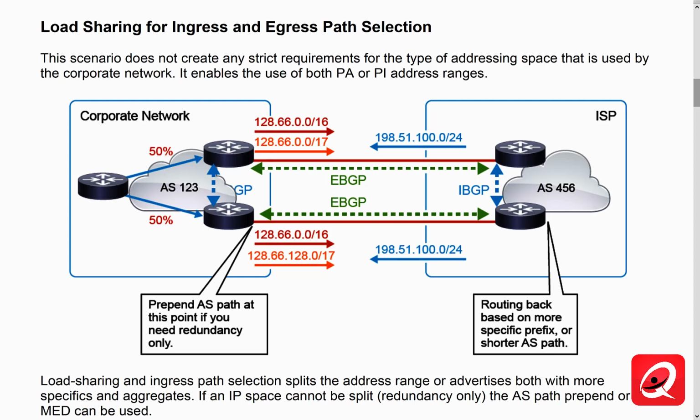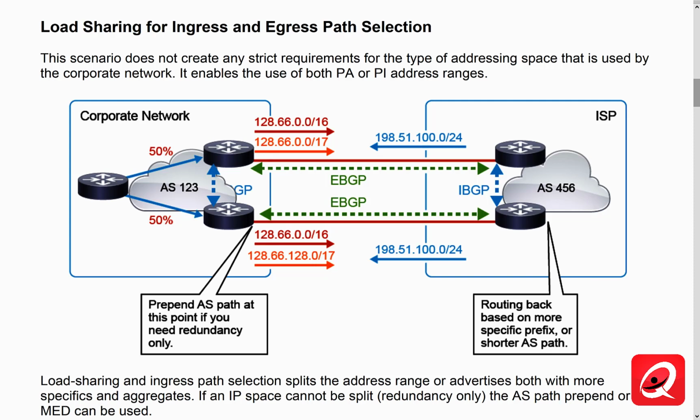Let's see what they say here. Load sharing and ingress path selection splits the address range or advertises both with more specifics and aggregates. The aggregates are important here because if for some reason one of these links fails, we still want to be able to route. And the aggregate is what allows us to continue to route.